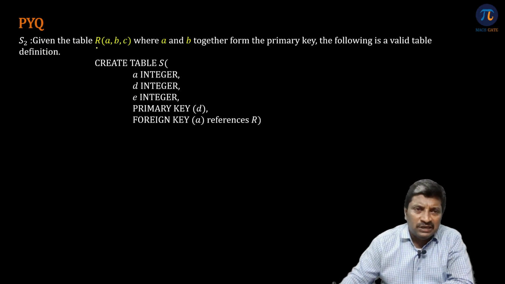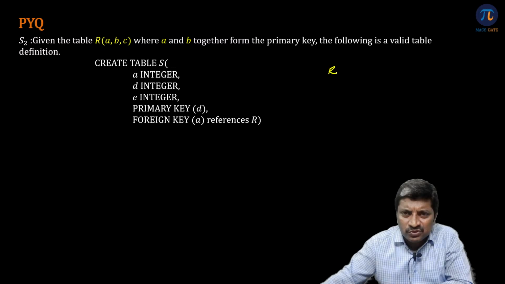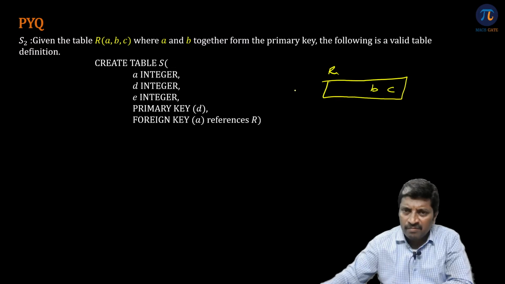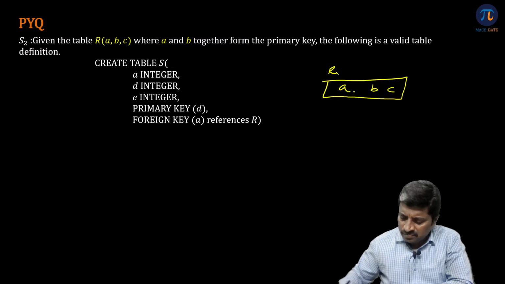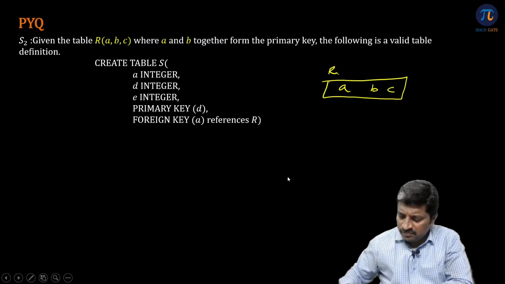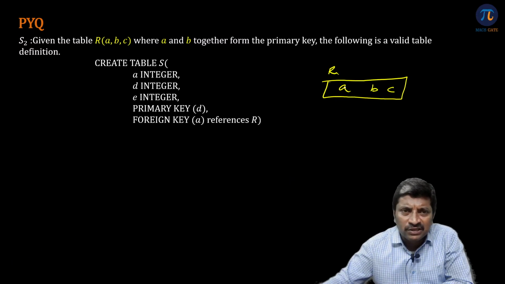The next one, given a table R ABC. So I have a table R, A B C. So they are saying that A and B both are a primary key.